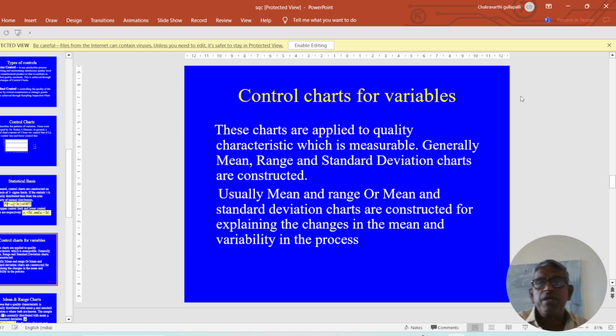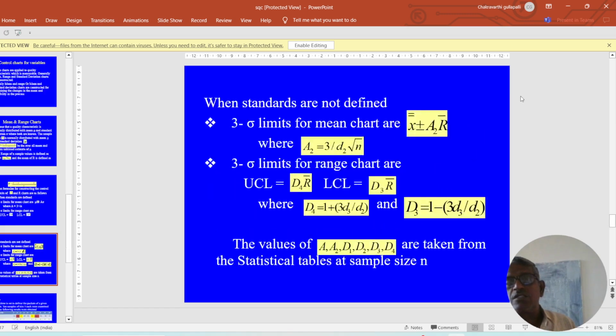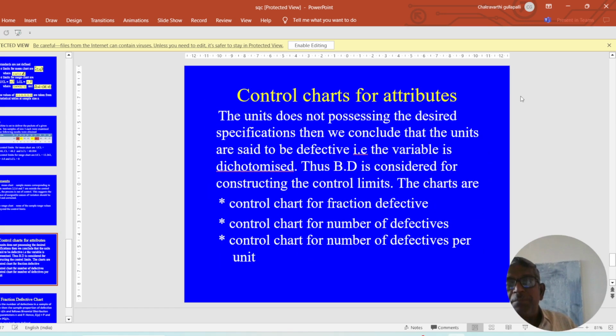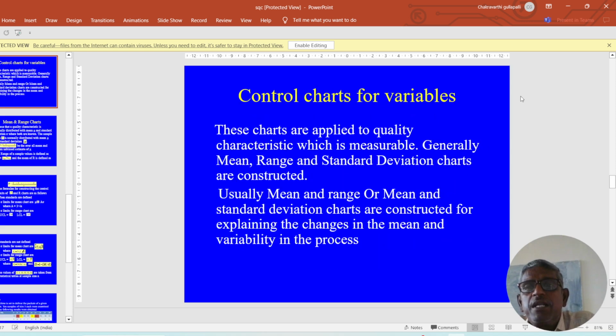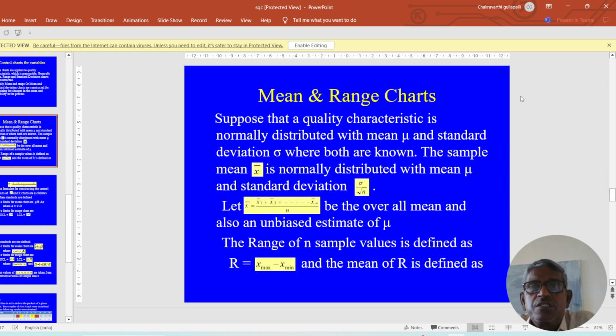In attribute charts, we use either the P chart, fraction defective, or the number of defects D, or the number of defects per unit, that is the C chart. So, control chart for fraction defective, control chart for number of defectives, and control chart for number of defects per unit. Now, coming to the mean and range charts, those two are called variable charts. Now, coming to the mean chart.